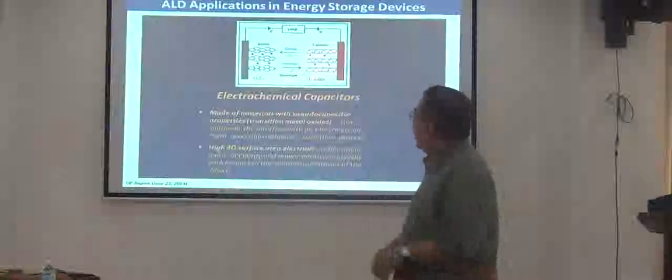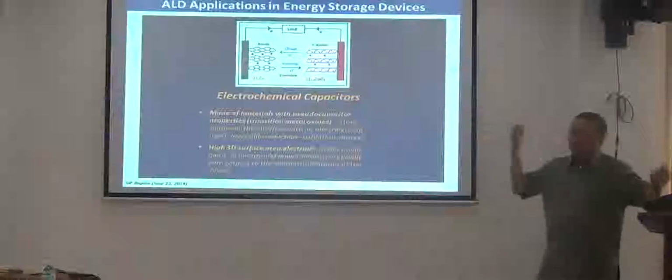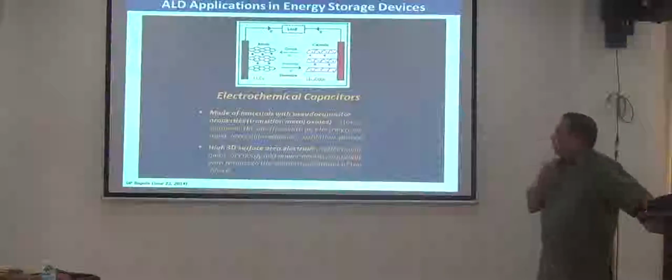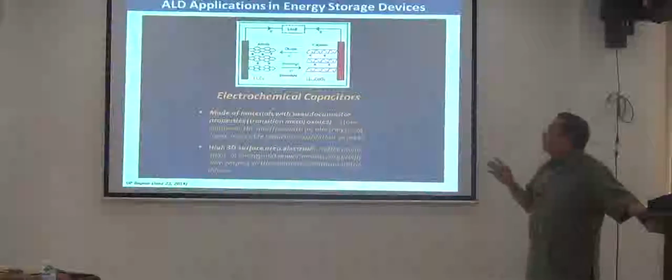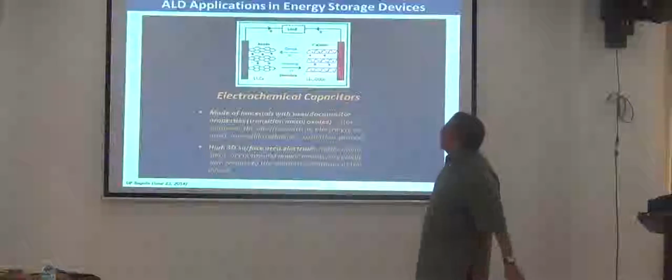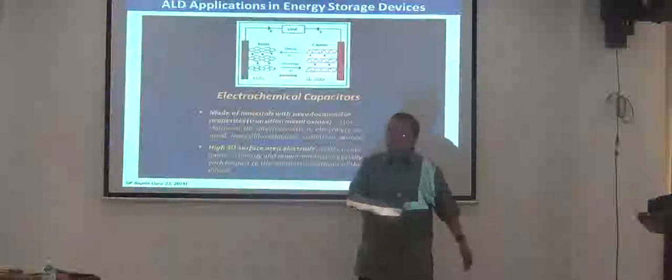So ALD has a whole field of research associated with this. Again, I cannot go much into detail, but essentially this is how these devices look like. You have an anode, a cathode, and an electrolyte in between, right?